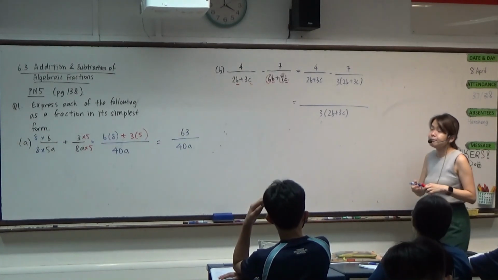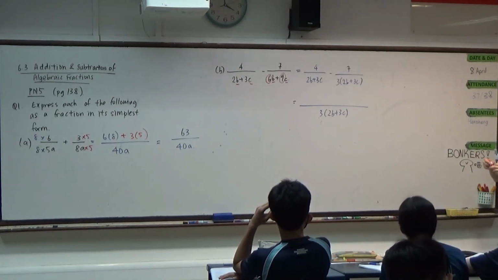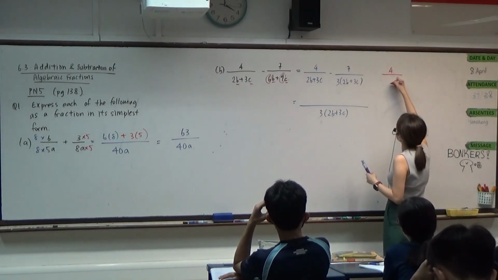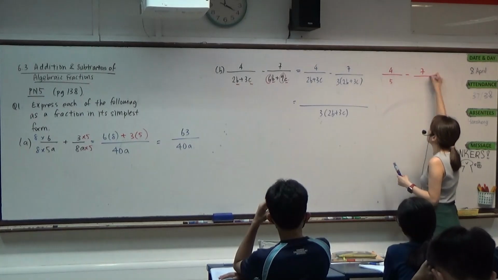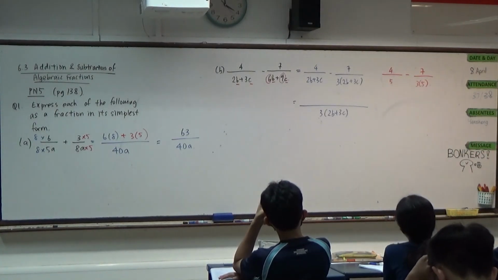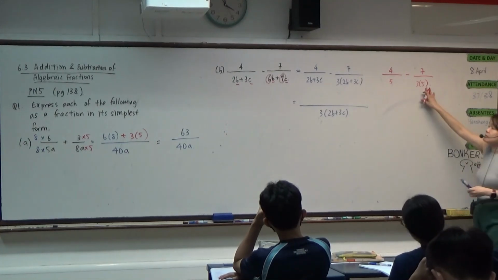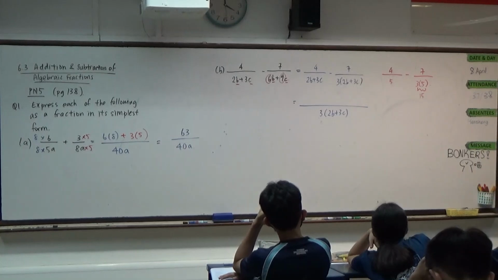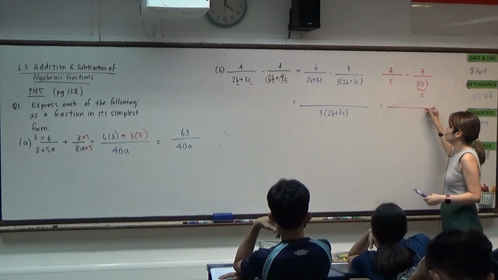Let me explain why. Imagine that my fraction here is 4 over 5 minus 7 over 3 times 5. 3 times 5 is 15. If I want to combine them into a single fraction, what is the denominator?